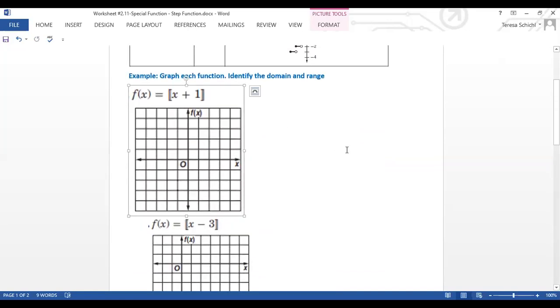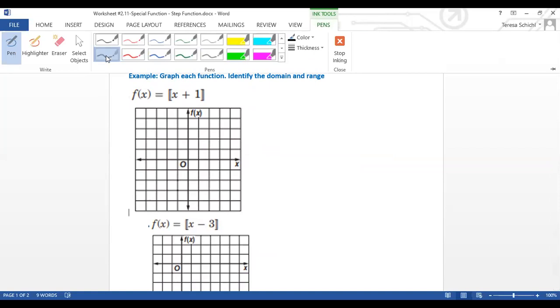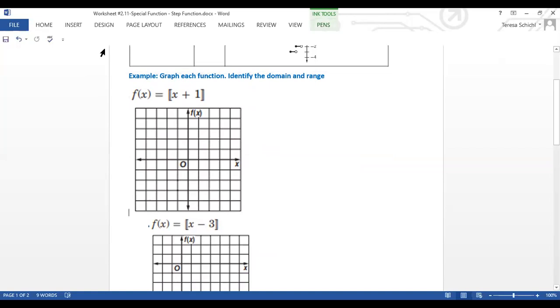Let's take a look at the first one here. This is the floor of x plus 1, right? Now let's choose a few points first so we know how to mark our jumping points. When x equals 0, what is my point? 0 plus 1 is 1, since x itself is always an integer.